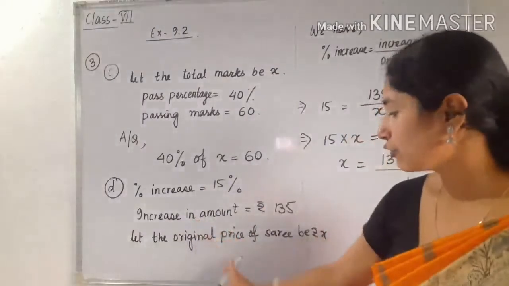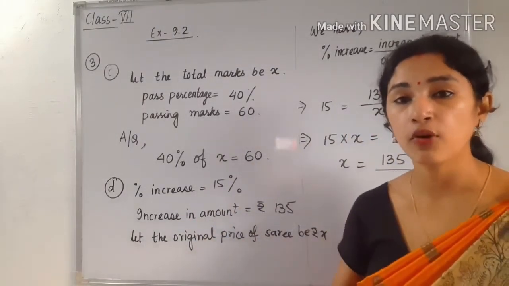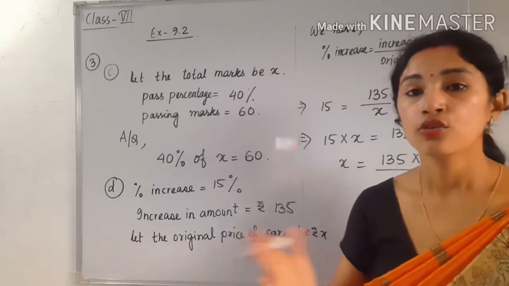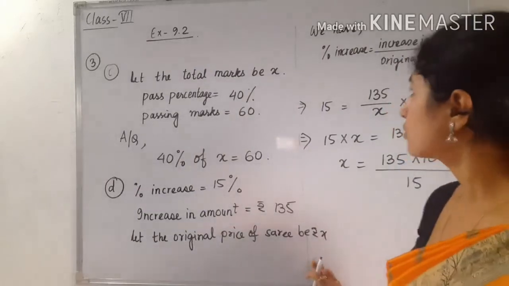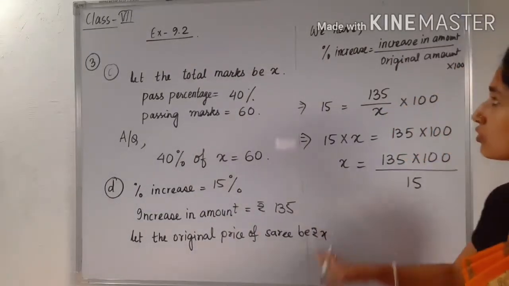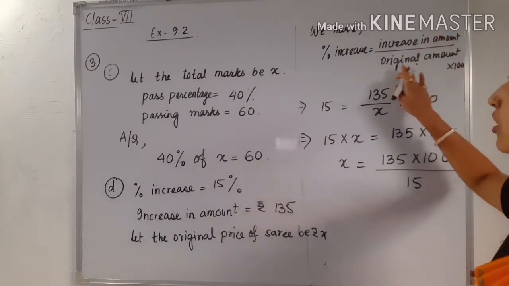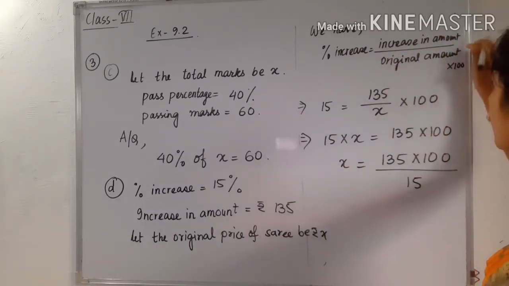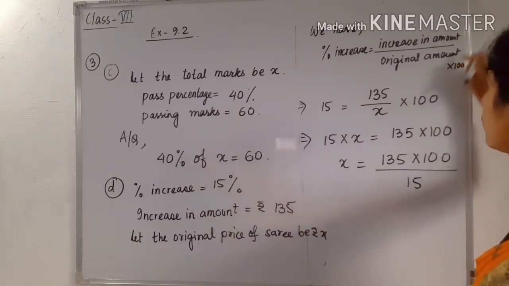Here we have to find the original price of the sari, meaning what was the previous amount when it was not increased. So let it be x. We have to use the formula. We know that percentage increase equals increase in amount by original amount into 100. There was no space, so that's why I have written it here. You have to write it in this line only, into 100.